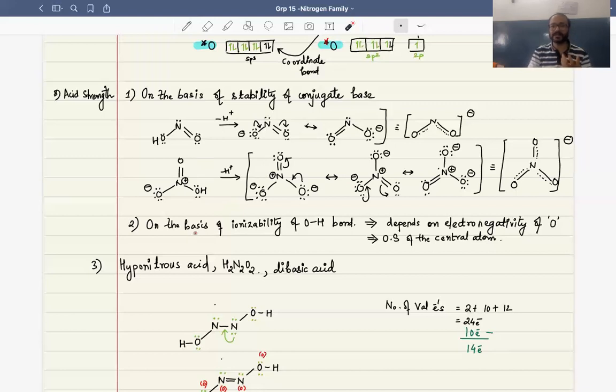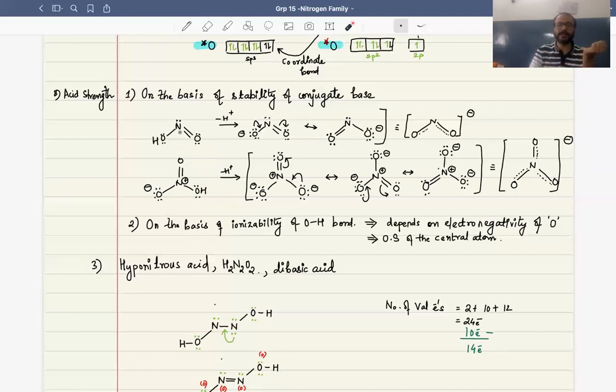The second basis on which we can find out which is more acidic is the ionizability of this OH bond. This depends upon how electronegative this oxygen atom is. The more electronegative this oxygen atom, the more prone it is to ionization, and therefore it acts as a stronger acid.